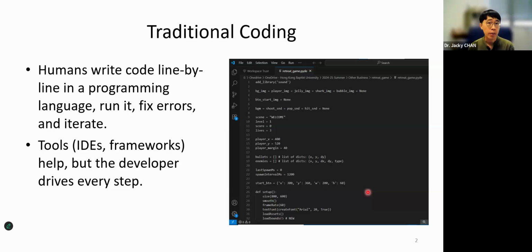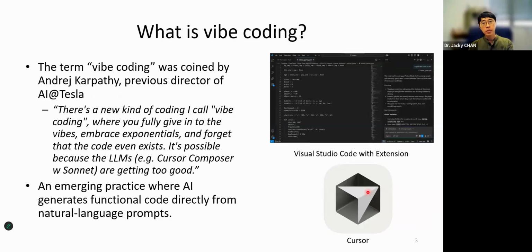But now we have vibe coding. Vibe coding is a term proposed by the previous director of AI at Tesla, I think in April this year. Here you can see what this person is saying.